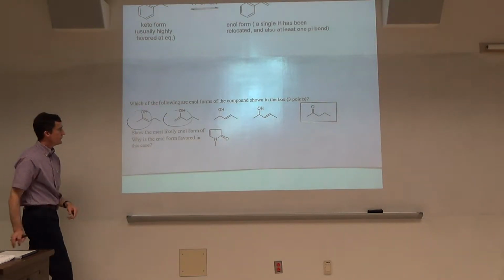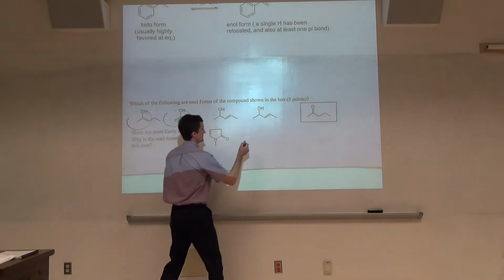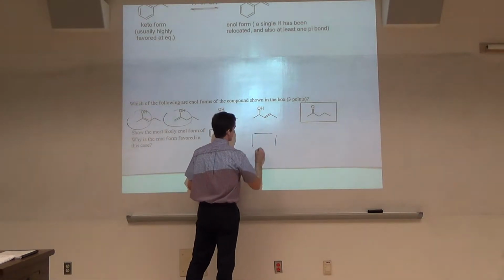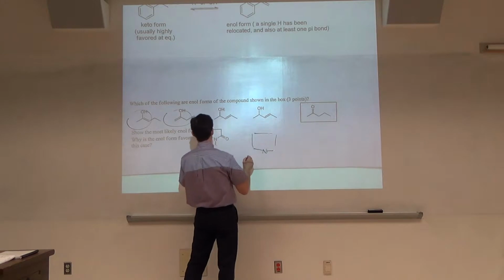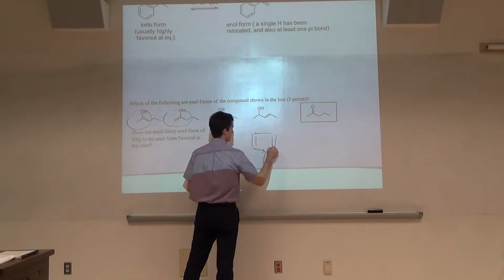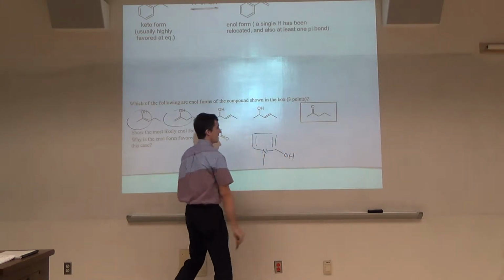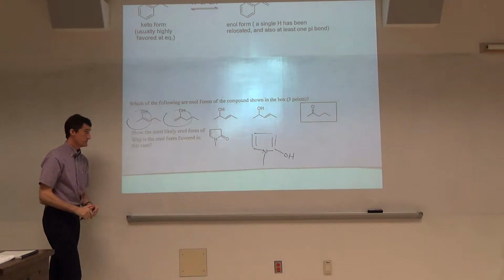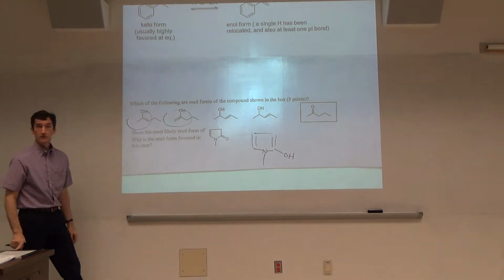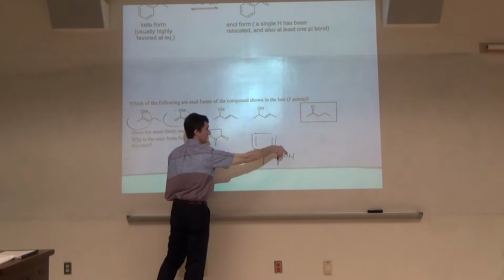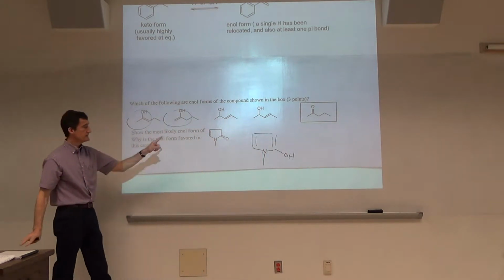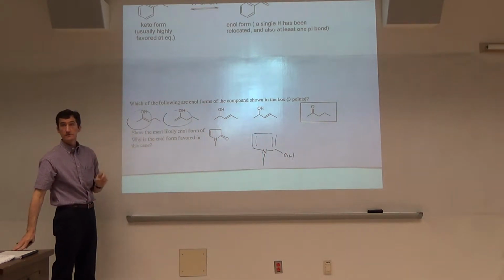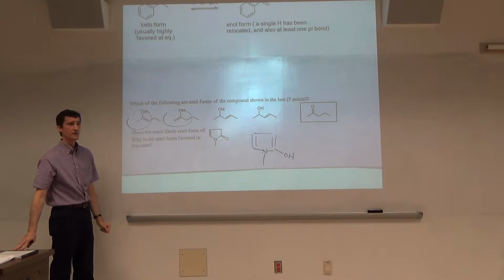Most likely enol form here, what would it be? See that there? Enol, right? In this particular case, the enol is favored. That's unusual. Why is the enol favored? Peter?